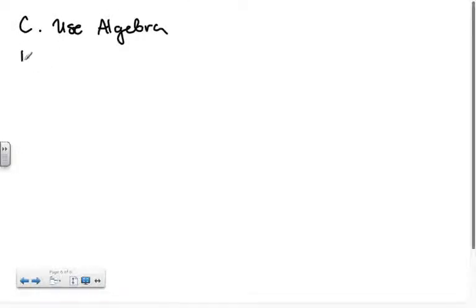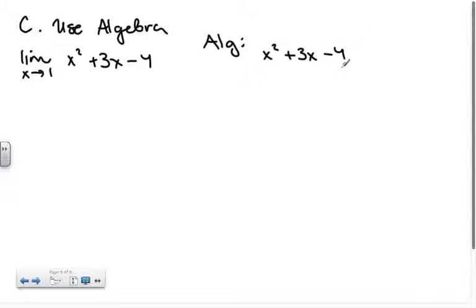So we have the limit as x approaches 1 of x squared plus 3x minus 4. Whenever you do algebra on a problem, you write ALG for algebra. And so we'll factor this: x plus 4, x minus 1.